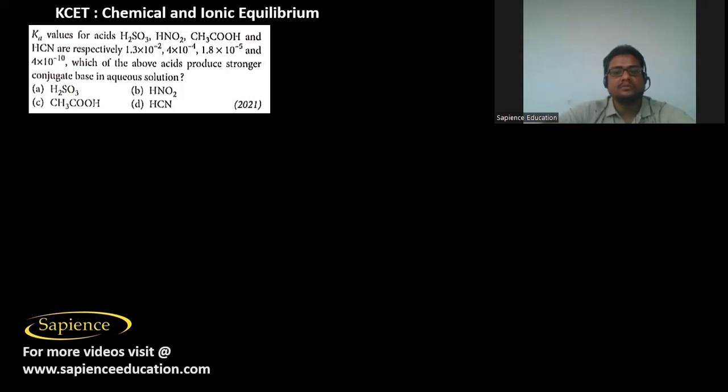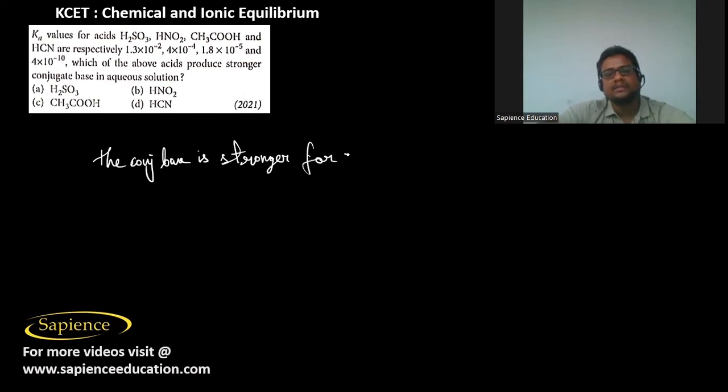The rule is that the conjugate base is stronger for a weaker acid. So it means the conjugate base of a weaker acid will be stronger.